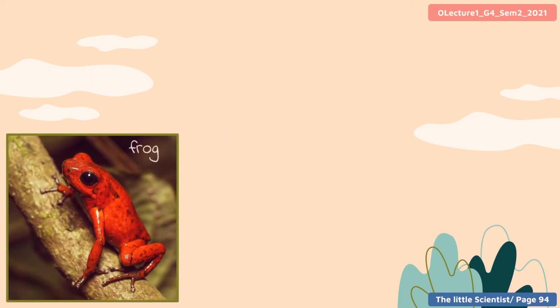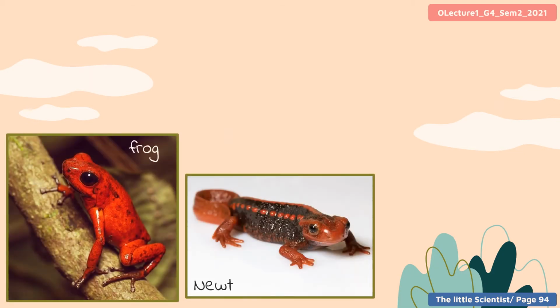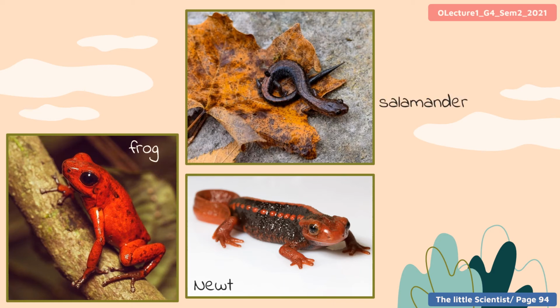Take a look at the frogs, newts, and salamanders' body. Newts are kinds of salamanders. Take a look at their skin. Look at the frog's skin, the newt's skin, the salamander's skin. Are they covered with scales? Do they have hair? How is their skin? It's slimy, it's shiny.